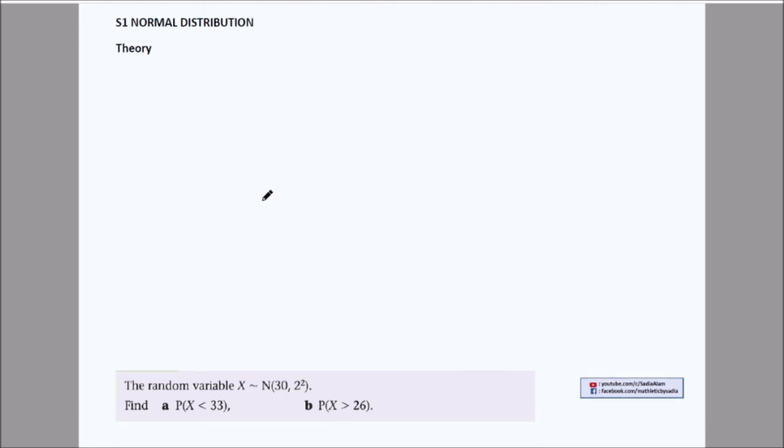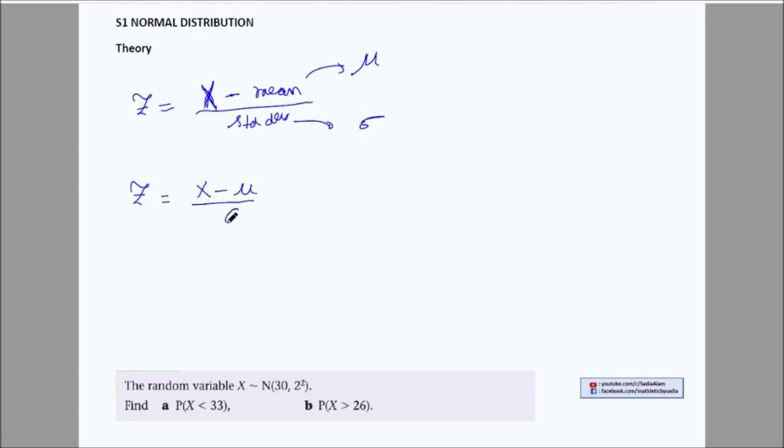So for any variable, if you need to convert it into z, this is the formula. Whatever your value is, suppose your value is x, so x minus mean divided by standard deviation. Okay, and mean is represented by mu and standard deviation is represented by sigma. So to convert any value into z, this is the formula: x minus mu by sigma.